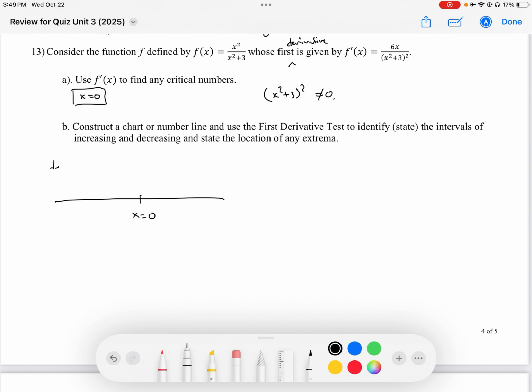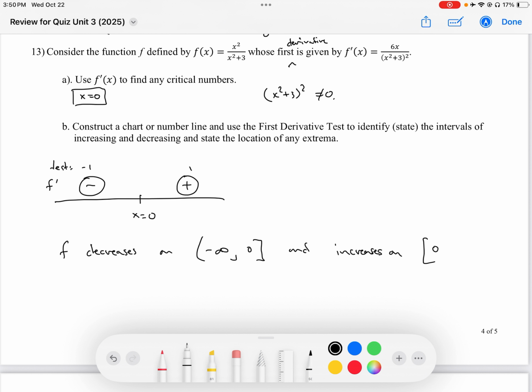So we could test maybe -1 on this side and 1 on this side. If we plug -1 into f prime, we get a negative over a positive, which is negative. And if we plug 1 into f prime, we get a positive over a positive, which is positive. So therefore, f decreases on basically -infinity to 0 and increases on 0 to infinity.